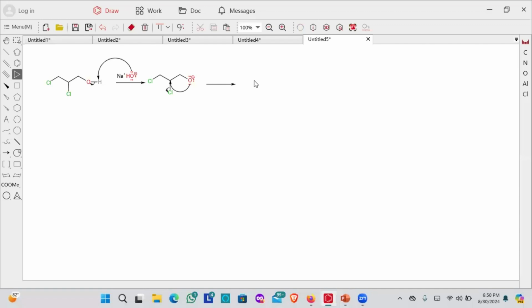Once again, let's just make use of this to form the final product. So this is the final product, the epichlorohydrin.